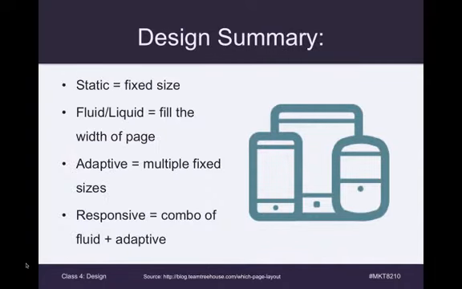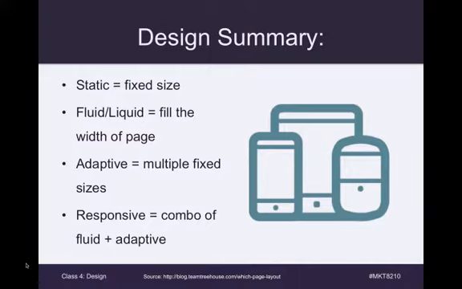This is a summary of basically what's happening on the screen there. The hard one to really get around is the difference sometimes between these three. Just think of responsive as a combination of both of these two things.